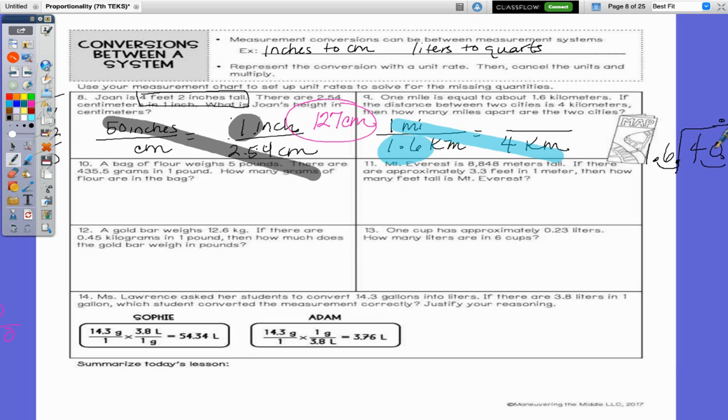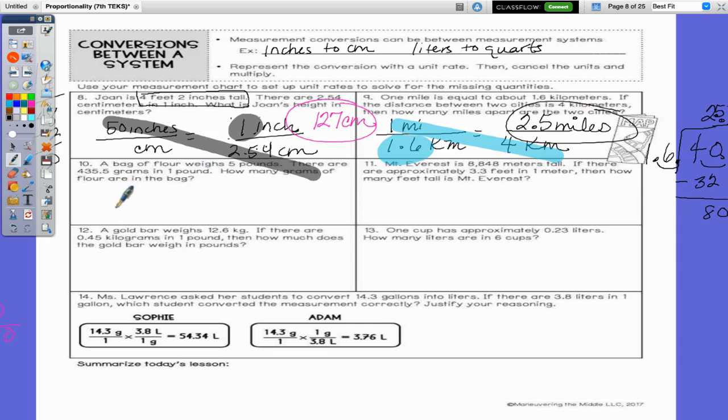Whatever I do on the outside, I do on the inside. Now I have 16 going into 40. That's going to go 2 times. That's 32. We subtract, bring down a 0. 16 goes into 80 5 times. It's supposed to be 2.5, guys. That gives me 2.5 miles. Don't forget to put clothes on your numbers. We don't want them naked running around, so make sure you label them.